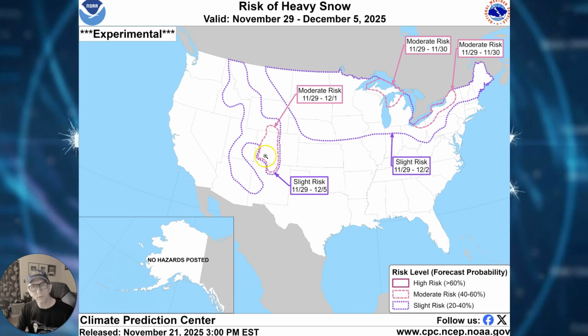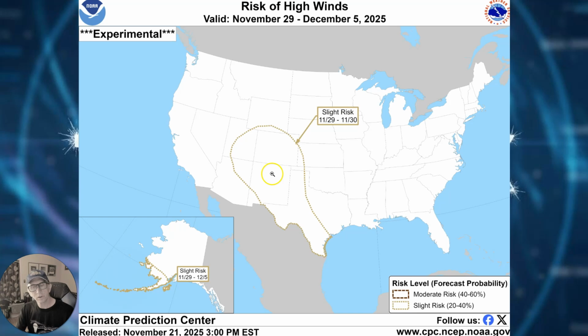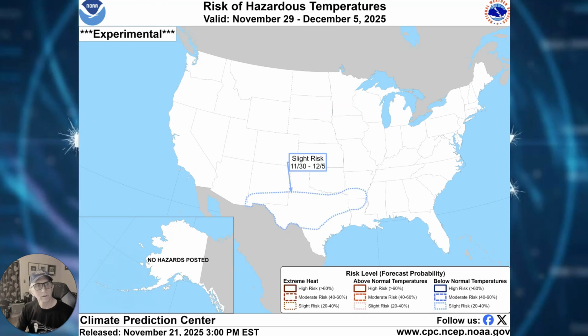We have that moderate risk we talked about, and then a slight risk along the purple dotted areas, right? Wind probabilities, slight risk of high winds all along and inside this dotted brown area. Temperatures, still a slight risk of hazardous temperatures down here in the deep south on the 30th through the 5th.